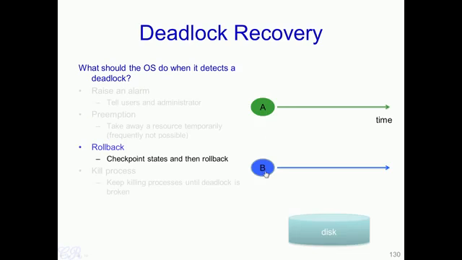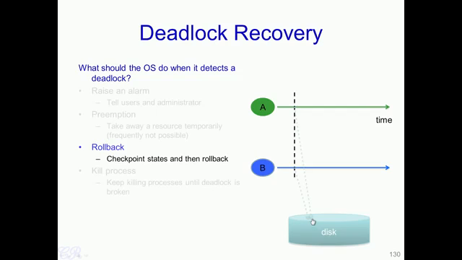A third method is by using a technique known as rollback. With rollback, both processes A and B, as they execute, will be checkpointed. By checkpoint we mean that the state of the process gets stored onto the disk. The process executes for some time, and then the entire state of the process gets stored onto the disk.